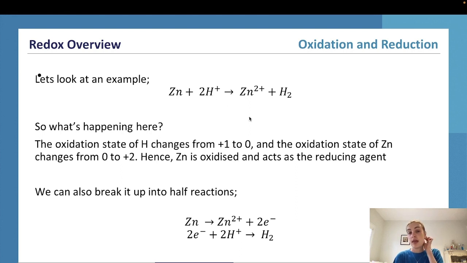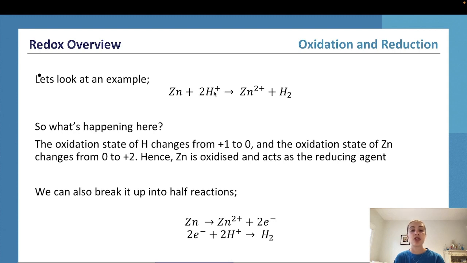And our other rule states that anything entirely made up of one type of element has an oxidation number of 0. Hence, hydrogen gas, or H2, has its oxidation state of 0, whilst H+, our hydrogen ions, has its oxidation state of +1.